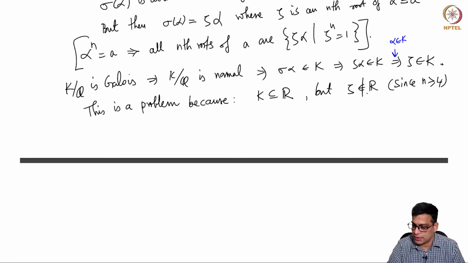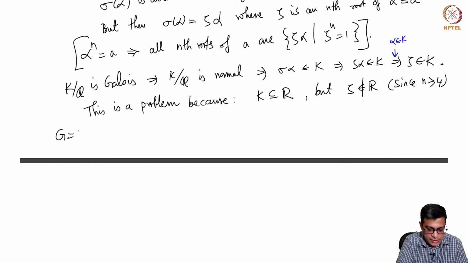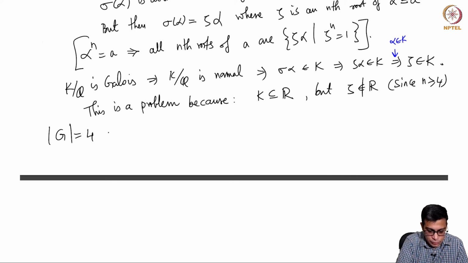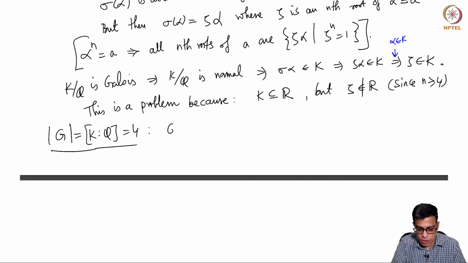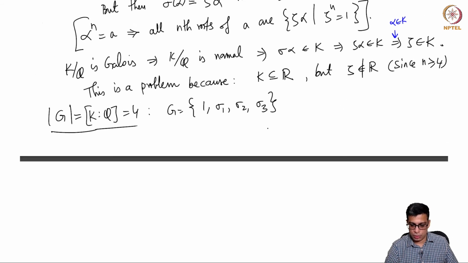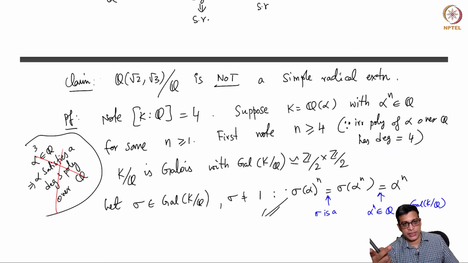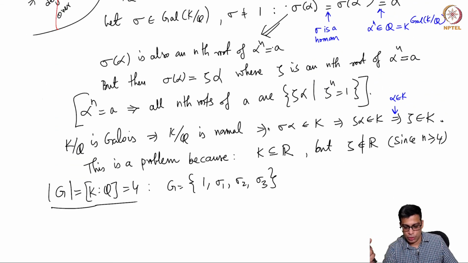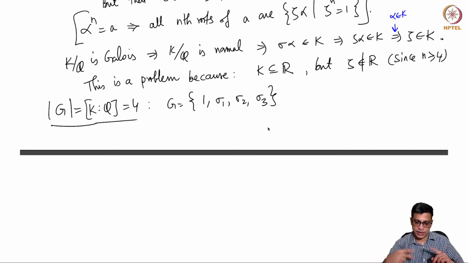So, the last point is I am forced to have a non-real nth root of 1, because G consists of 4 elements, right? Because G is the degree of this extension. So, G can be thought of as 1, sigma 1, sigma 2, sigma 3, where sigma 1 changes root 2, sigma 2 changes root 3 and sigma 3 changes both of them.